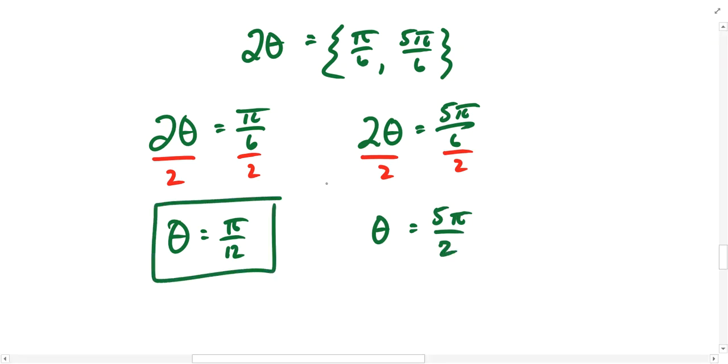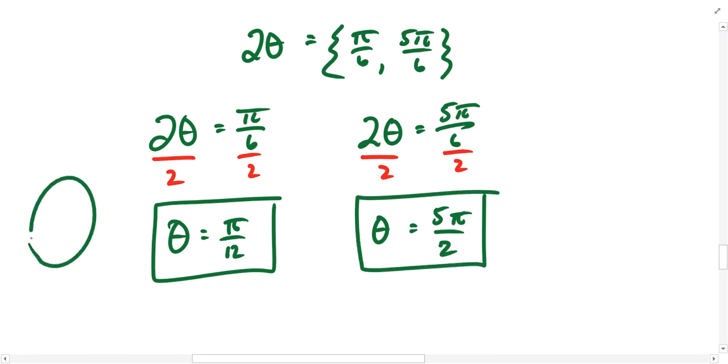Now, that's all well and good, but there is a catch. These two angle measures, pi over 12, we don't know exactly where that is on the unit circle. We never did memorize that, but it's this position right here. It's very, very close to horizontal. And 5 pi over 12, well, that's just before vertical, and that's right here.